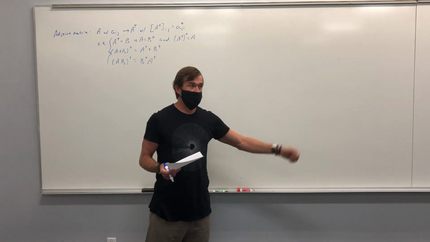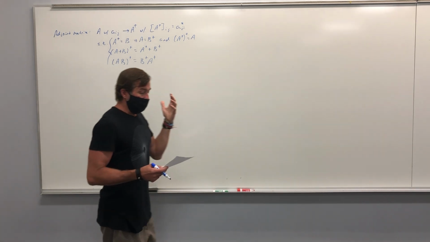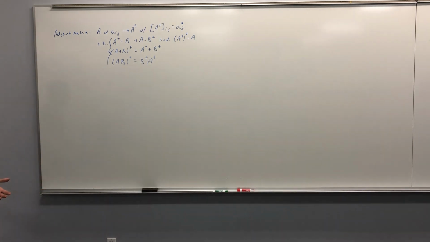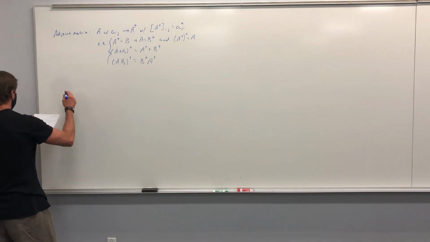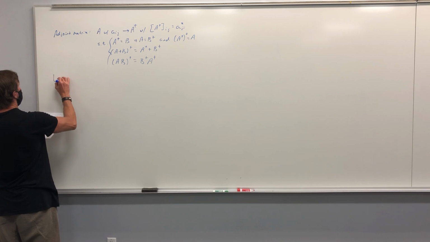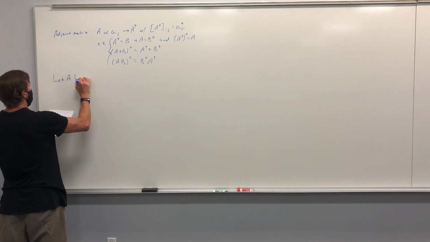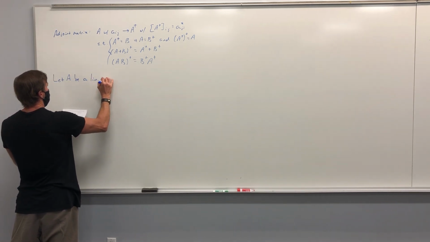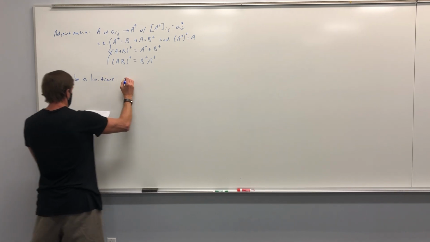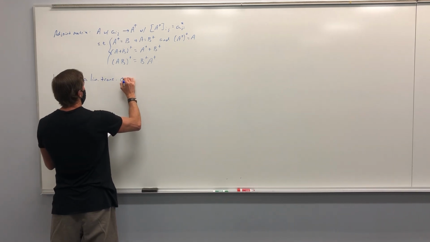So what could the definition of an adjoint operator be? Well, let's see. Let A be a linear transformation on a vector space.